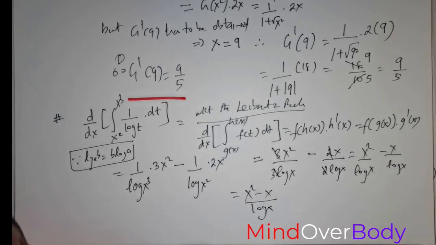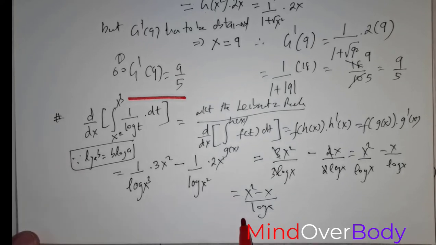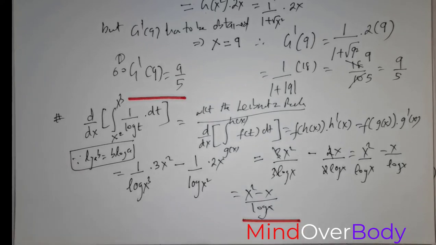This is a very simple question, and this is the right place for us to draw the red line. So having got that, we will move on to do other questions.